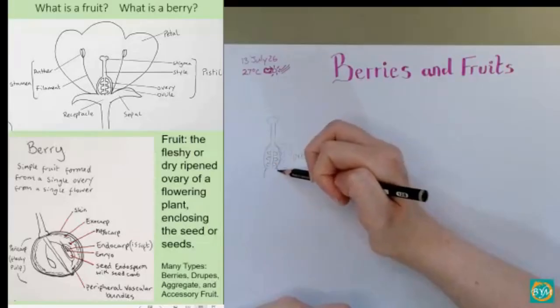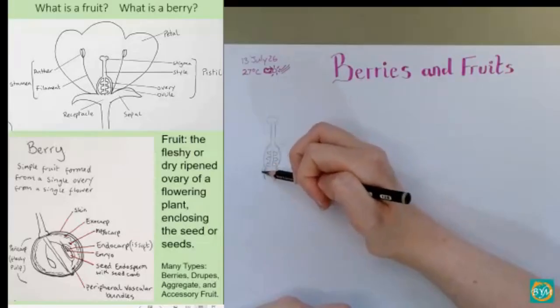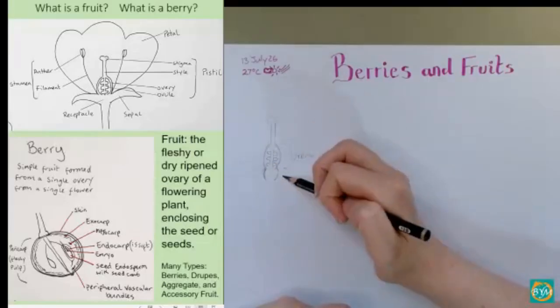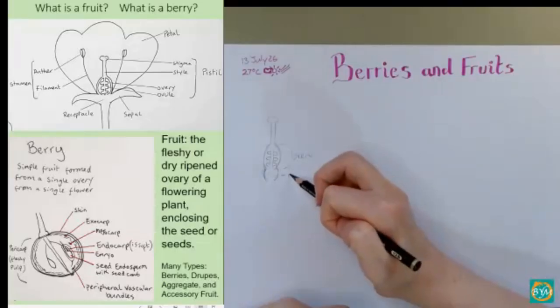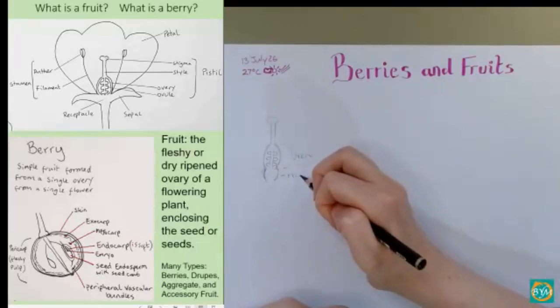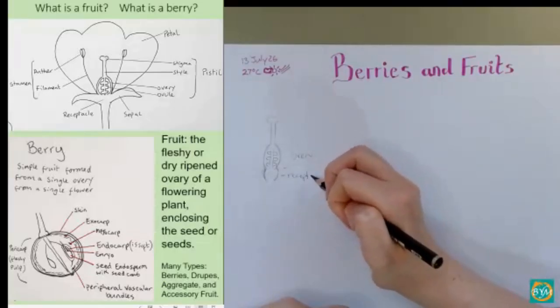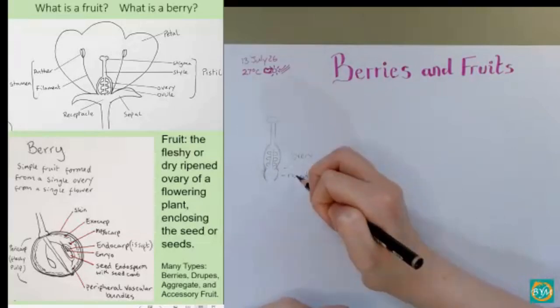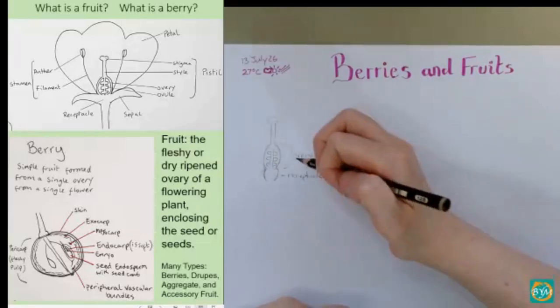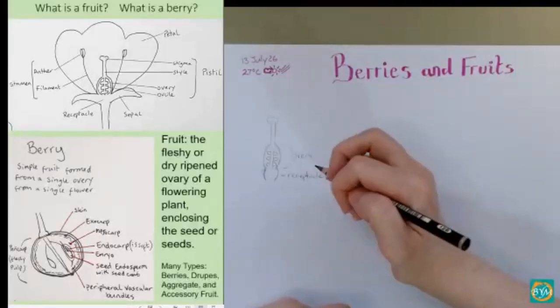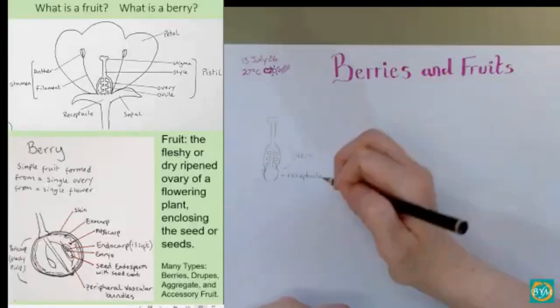And underneath that, I'm going to put this in now because we'll come back to this, is something called a receptacle. Hopefully I spelled that right. My dyslexic brain is looking at it going, that doesn't look right, but I'm not sure why.